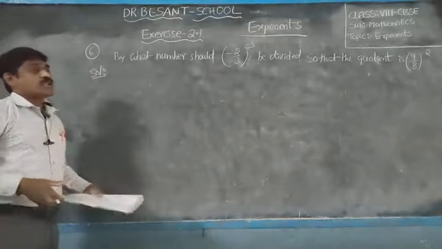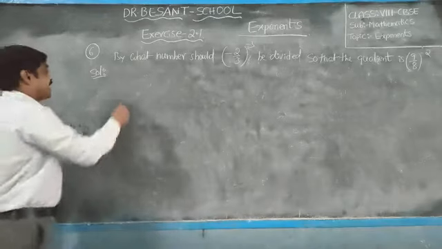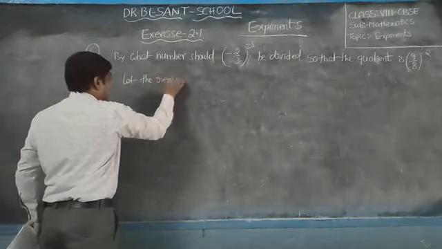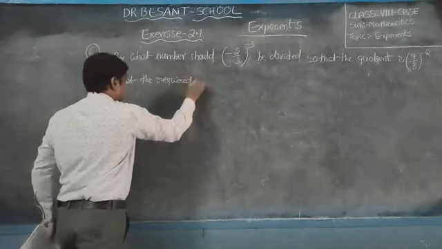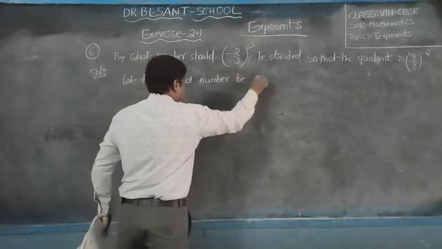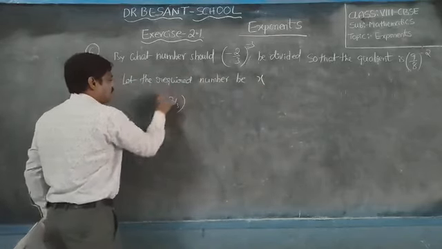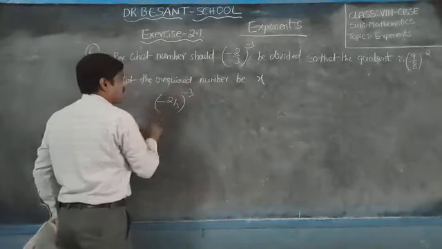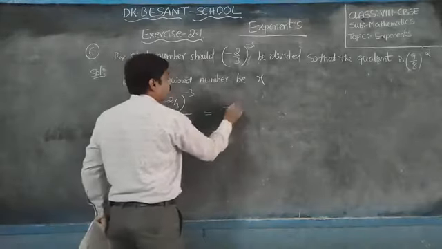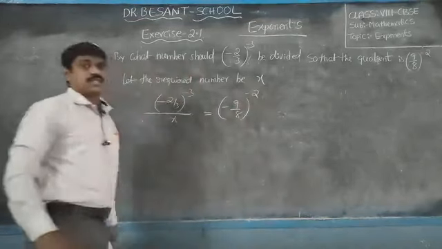Then by what number should minus 2 by 3 whole power minus 3 be divided? So let the required number be x. So minus 2 by 3 whole power minus 3 divided by x is equal to minus 9 by 8 whole power minus 2.